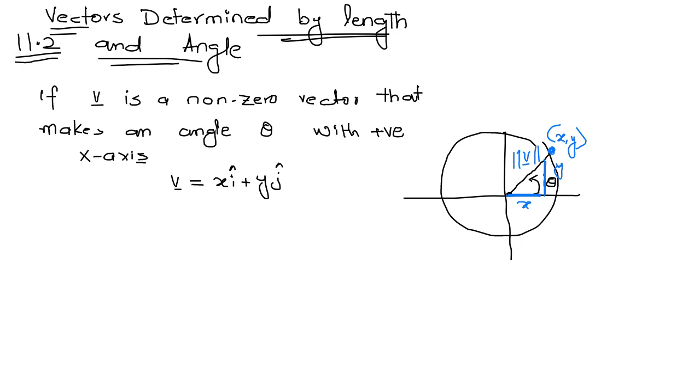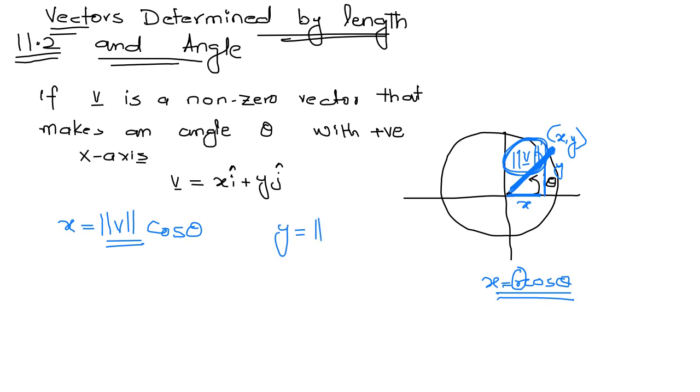Now, if I substitute the values of x and y, x is equal to mod of vector v cosine of theta. You know x is equal to r cosine of theta in the polar coordinate system, and this length is mod of v, so I replace r with mod of v. So y is equal to mod of v sine of theta.